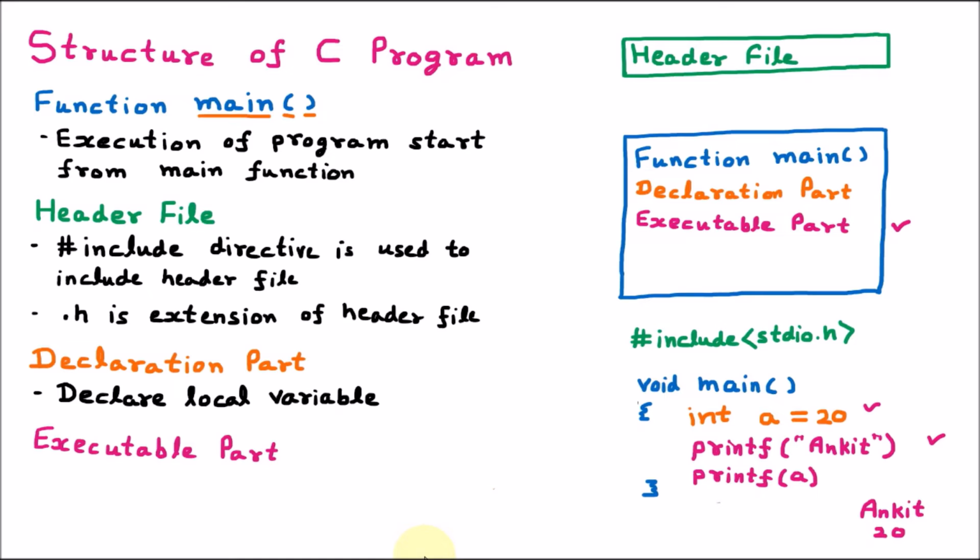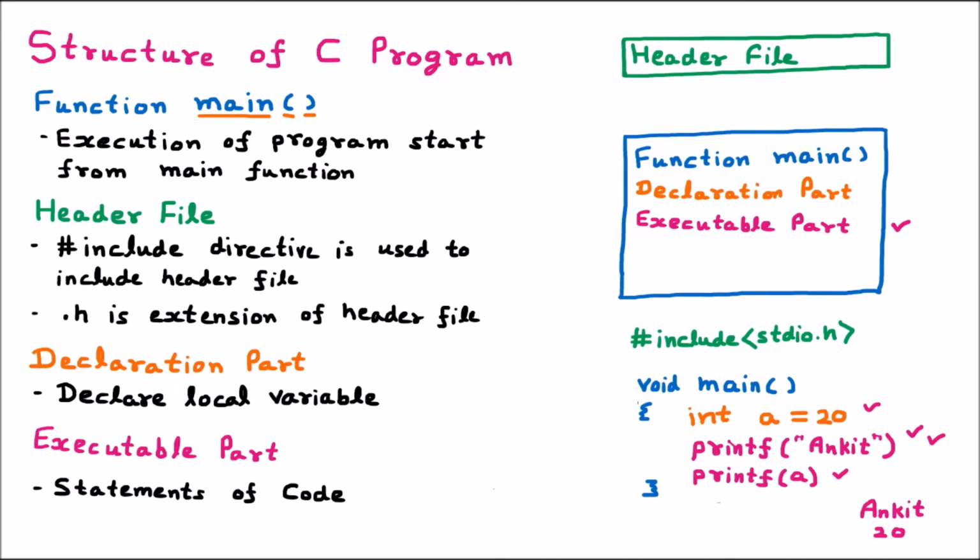All those statements which are executed in the same manner, other than the declaration, are called the execution part. These are the statements of the C code. So in the executable part, we have the lines of code which will be executed. This is part of the structure of a C program.